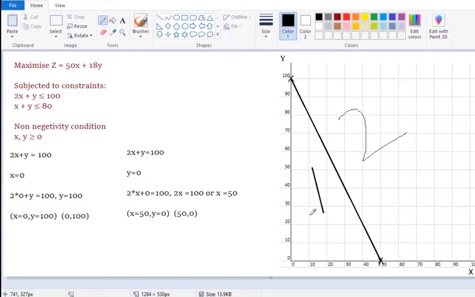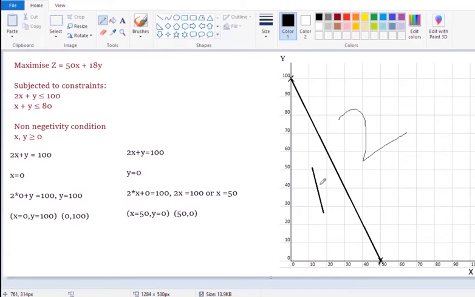One of the regions only will satisfy 2x plus y less than or equal to 100. So which is the region that satisfies it? I need to find that out.